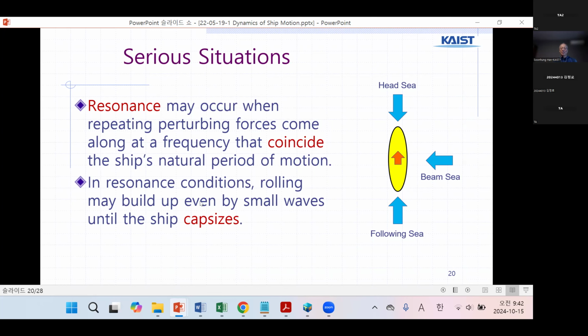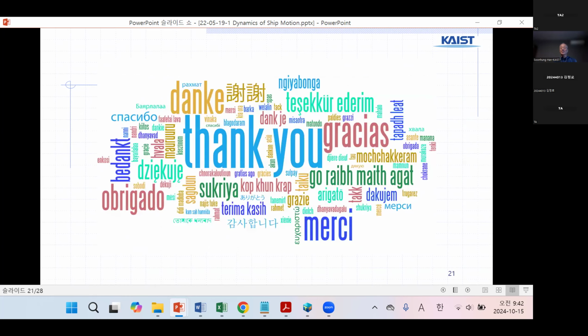So rolling builds up, and sometimes it can capsize. Otherwise, you should change the direction of motion of the ship to escape from the resonance.